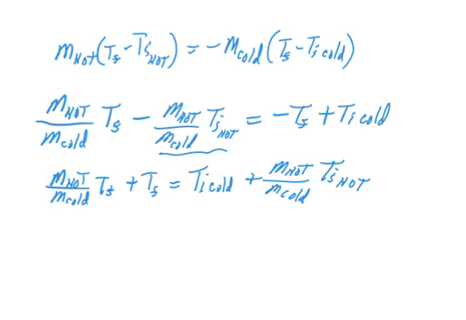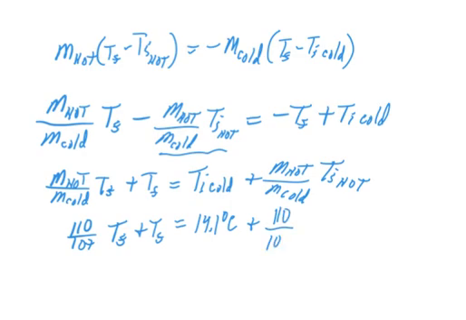Okay, let's pop those numbers in. So we had 110 over 107 T final plus T final equals 14.1 degrees Celsius plus 110 over 107 times 100 degrees Celsius for the T hot.